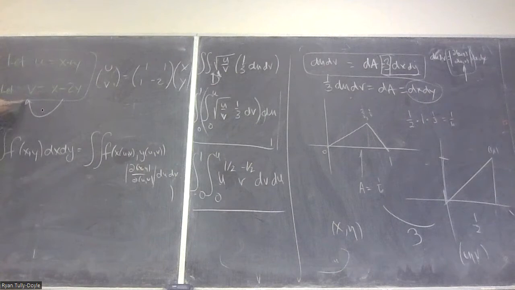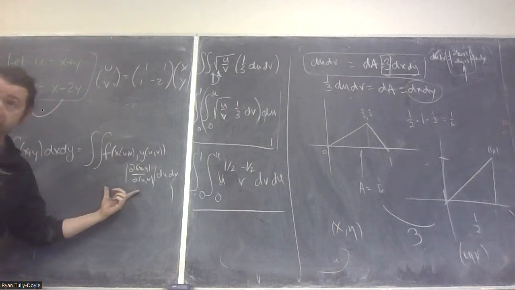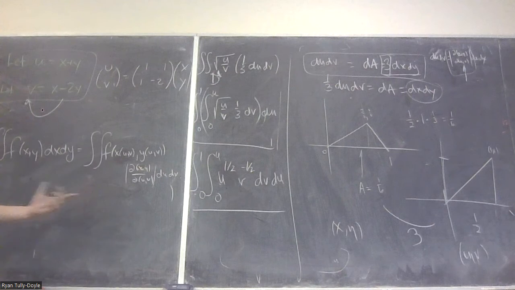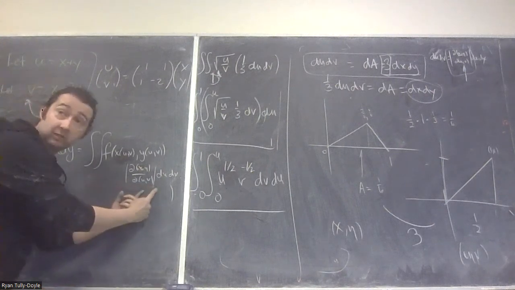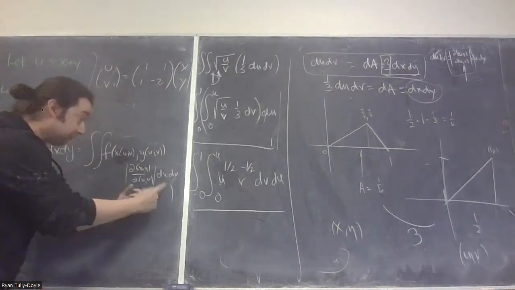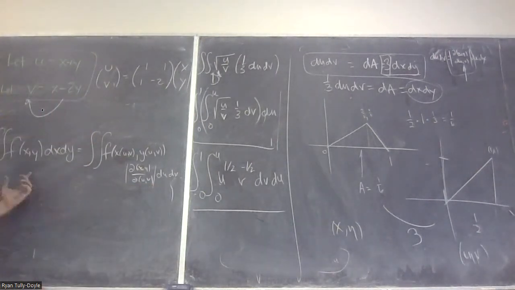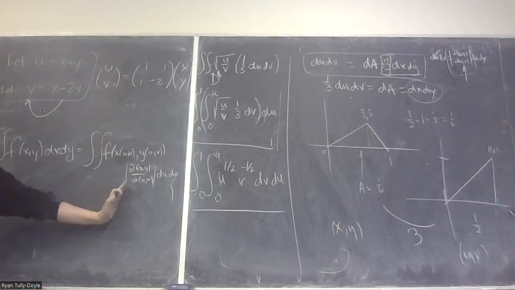Okay, when I wrote this substitution down, what did I write? Did I write x as a function of u and v, or did I write u as a function of x and y? The second one, right? So the problem is this formula is set up the wrong direction. This formula is set up so that x and y were the original variables, and u and v were the new ones. It says, if you could write x as a function of u and v, and y as a function of u and v, you can do this translation right here.